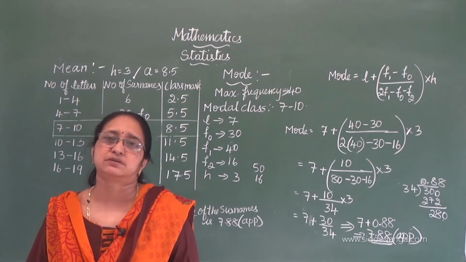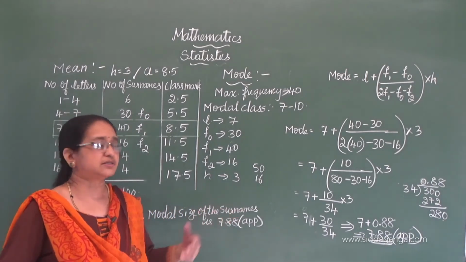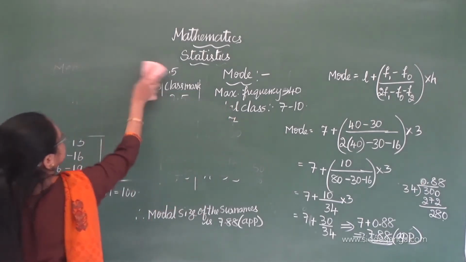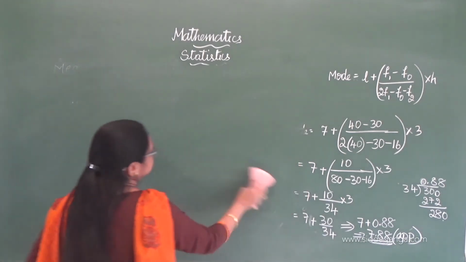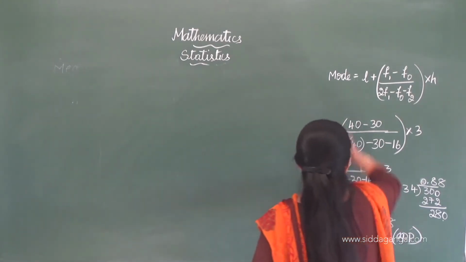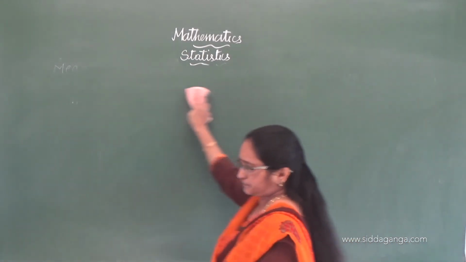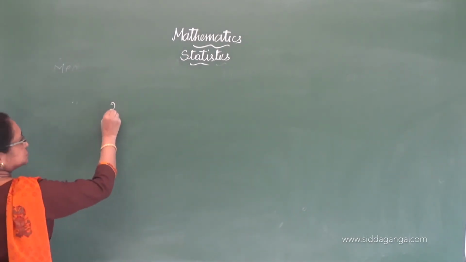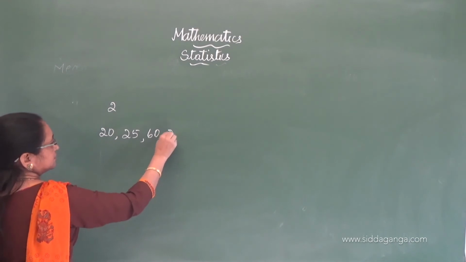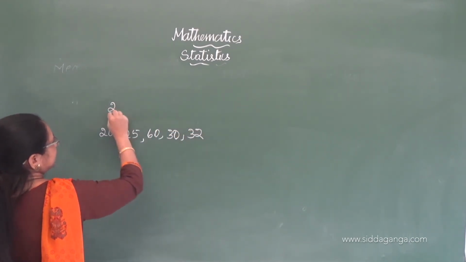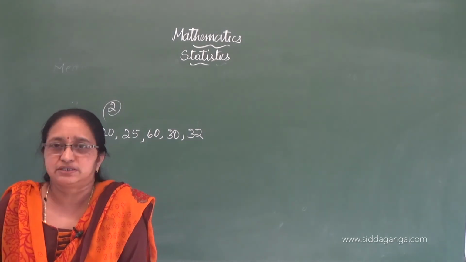But sometimes, if one frequency is 2 and the other frequencies are 20, 25, 60 like that, then it will definitely affect the value of the mean.